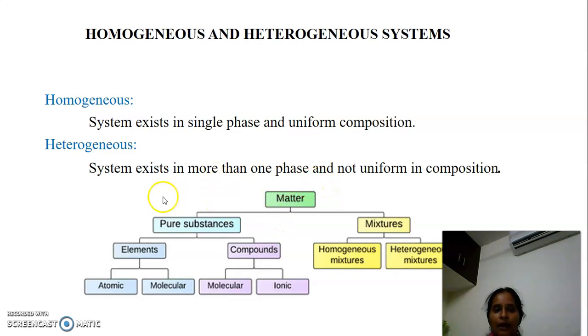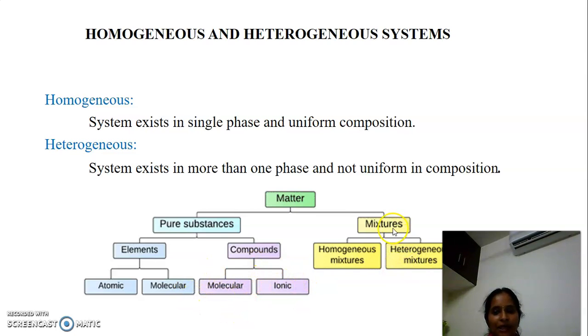You can also have some more classifications, like pure substances and mixtures. Pure substances are further classified into elements and compounds. Elements can be classified into atomic level and molecular level, and compounds into molecular and ionic.